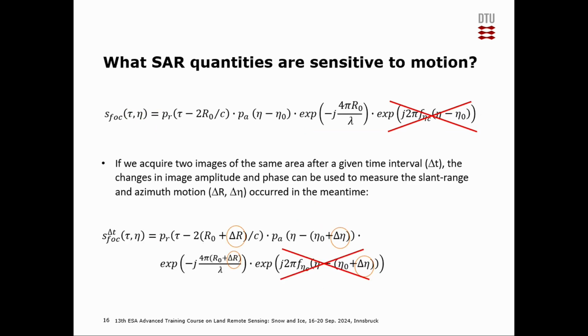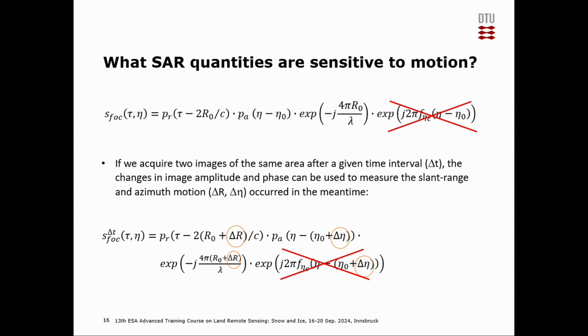So the interesting part comes here. If we now consider two satellite images, and there has been a change in either direction, so either in the slant range by an amount delta r, or in the azimuth position by a delta eta, then we will have some sensitivity to these changes, both in the amplitude terms. Our point target is now in a different position.